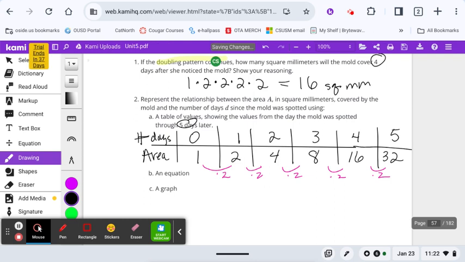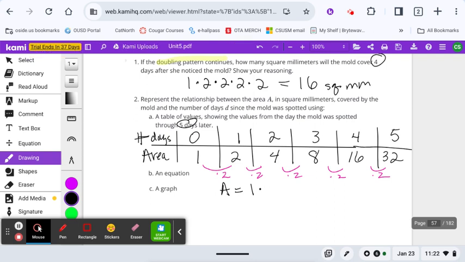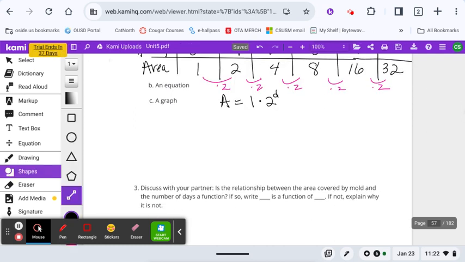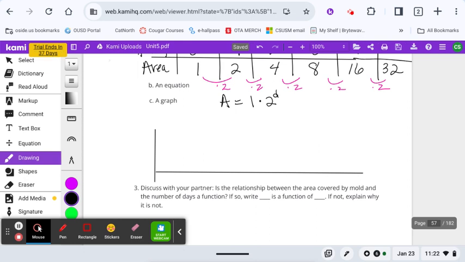Let's write an equation for that pattern that we're seeing, part B. The area is equal to 1 square millimeter times 2, repeatedly, to the power of the number of days. And then to create a graph for this scenario, we were saying, okay, we need to get up to 32 on this axis.